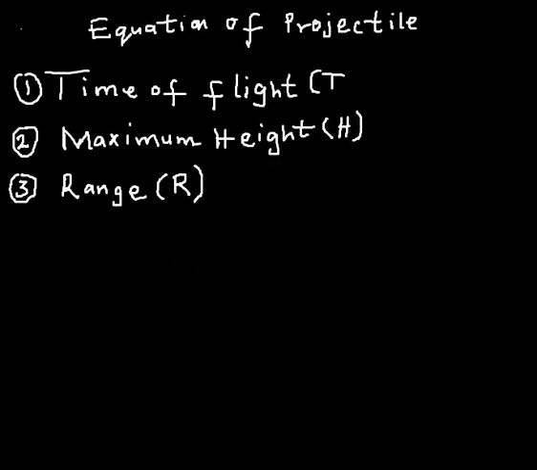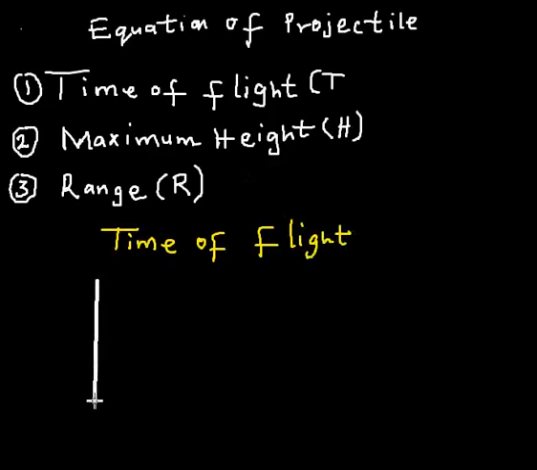All right, so let's start with the very first one, which is the time of flight of a projectile. So the question is, how do we define the time of flight of a projectile? Time of flight is the time it will take the projectile to complete its motion.